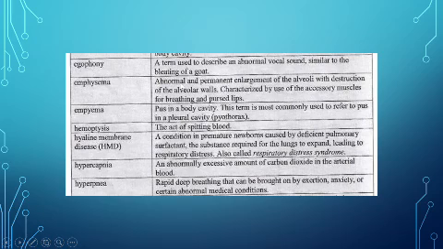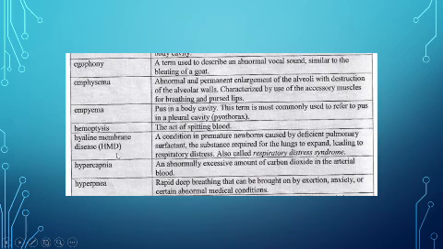Then emphysema. Emphysema is abnormal and permanent enlargement of alveoli with the destruction of alveolar walls, characterized by the use of accessory muscles for breathing and pursed lips. Empyema is nothing but pus in body cavities. This term is most commonly used to refer to pus in the pleural cavity also, called pyothorax. Hemoptysis, the act of spitting blood.